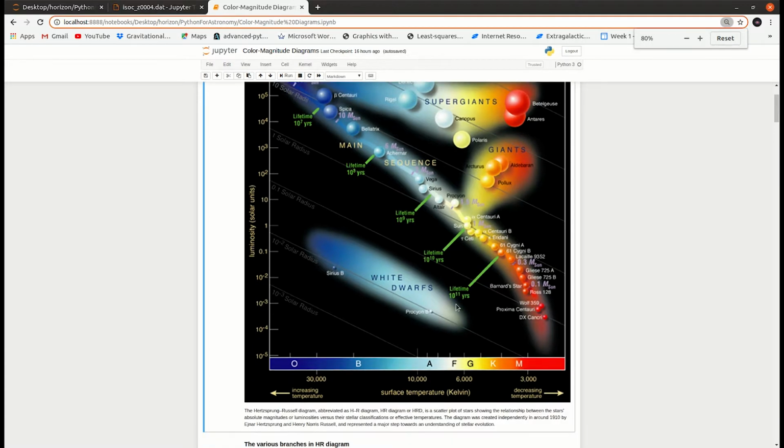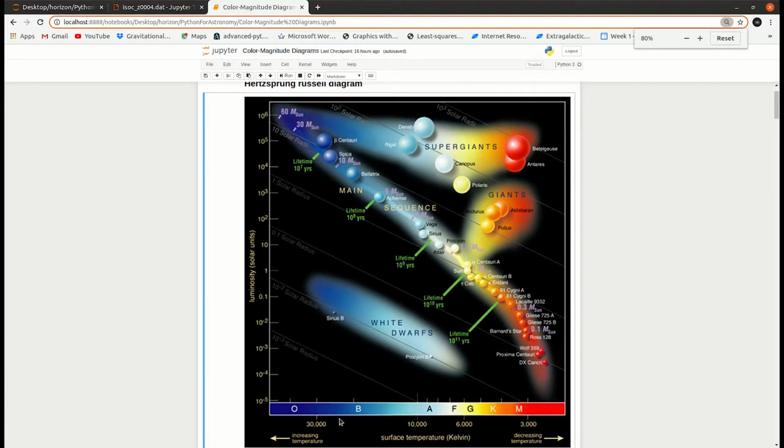To understand them, first of all, let's learn about luminosity and how it depends on the mass. You can see that the most luminous stars are actually the massive stars. This is a property of stars: there is a dependence between luminosity and mass.